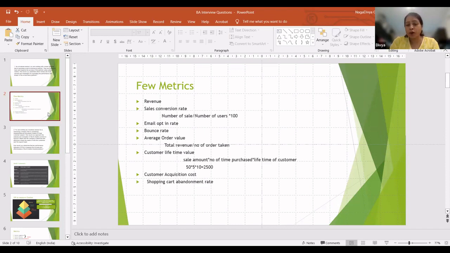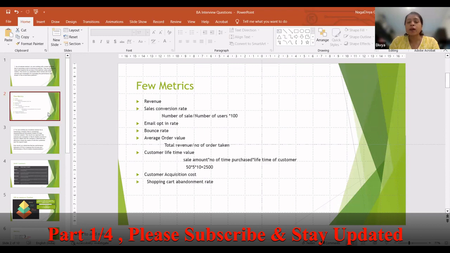So these are some of the products you might be interested in, or here are a few new products that we are launching, and this might be of interest to you. So this is very important to retain the customers and to remarket to them.